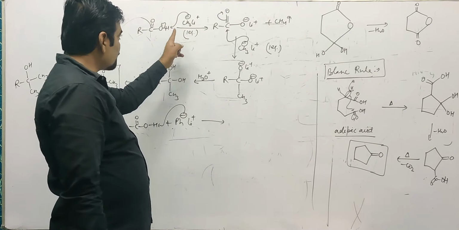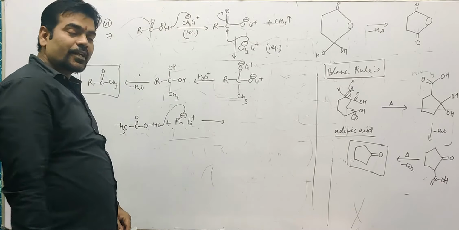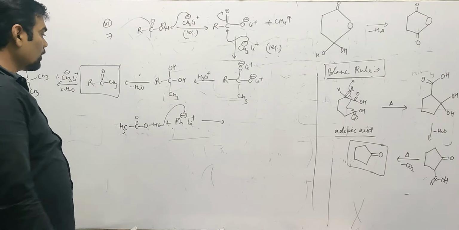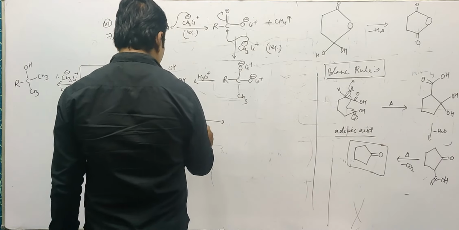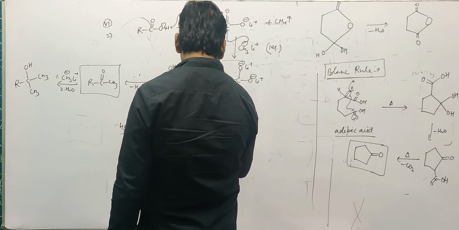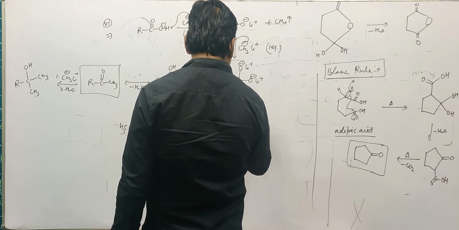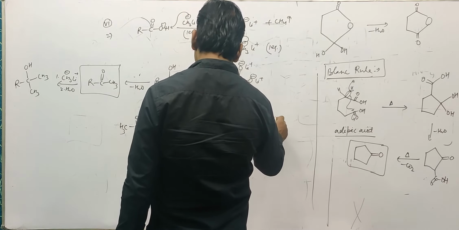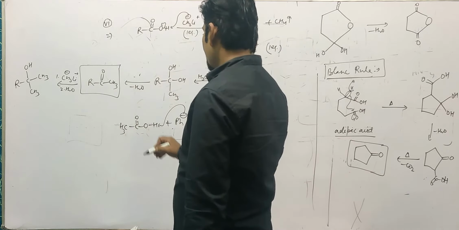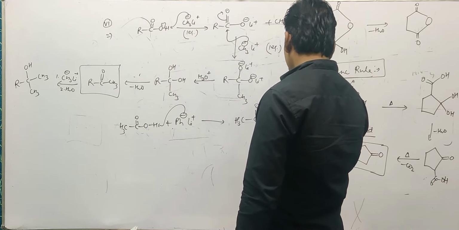By using excess of CH3Li, they will further get reduced to the corresponding alcohol. Similarly, in this fashion, this will become CH3 C double bond O, over here Ph, and the remaining H2O is eliminated.